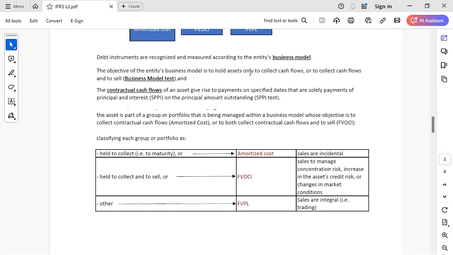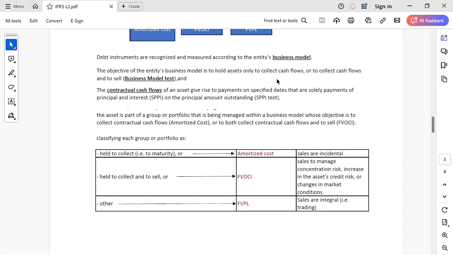What's the objective of holding it? As I said, it is to collect cash flows, or to collect cash flows and sell, or maybe later we'll see, just to sell, mainly to sell. So it's saying here, what is our business model? Is it held to collect, or sell, or held to sell?